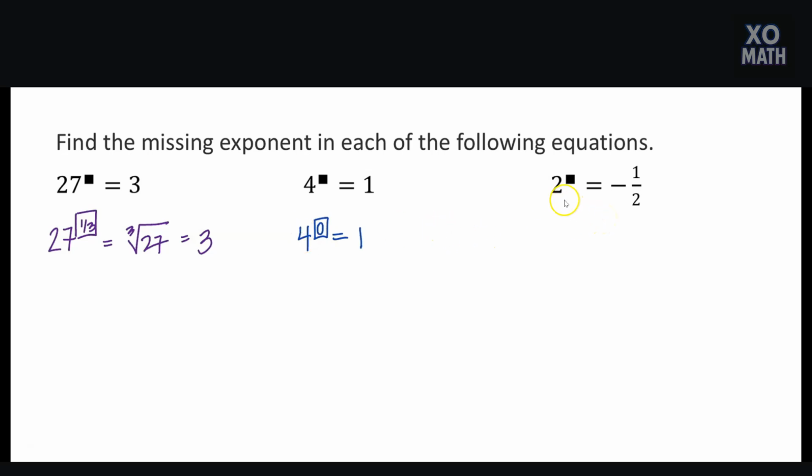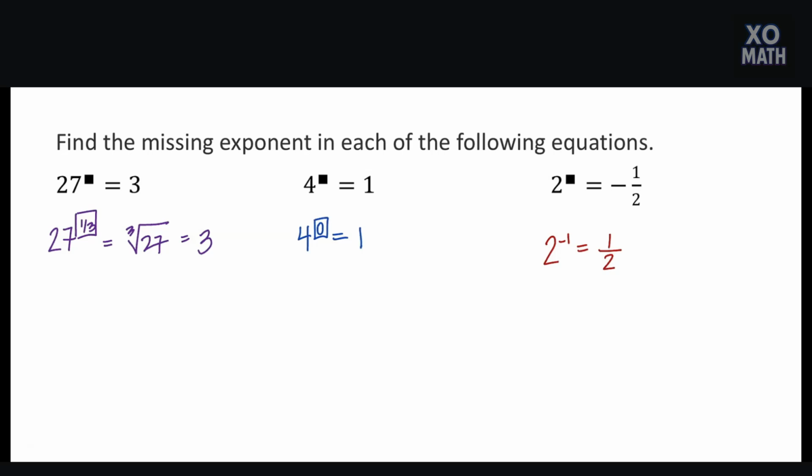And finally, we have 2 to what power equals -1/2. So we might be thinking, okay, well, we need a negative exponent here. Let's try it. Let's try 2 to the -1. Well, that's going to create +1/2, but what about -1/2?